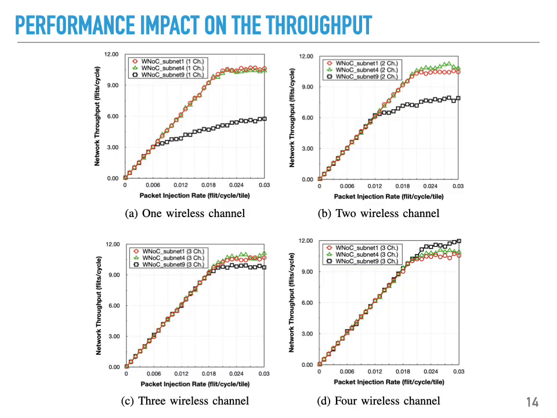Network throughput is a fundamental indicator of the ability of WNOC systems to handle communication demand efficiently. When comparing the performance of the different subnets, subnet 9 consistently achieves lower throughput than subnet 1 and subnet 4 across all channel configurations.